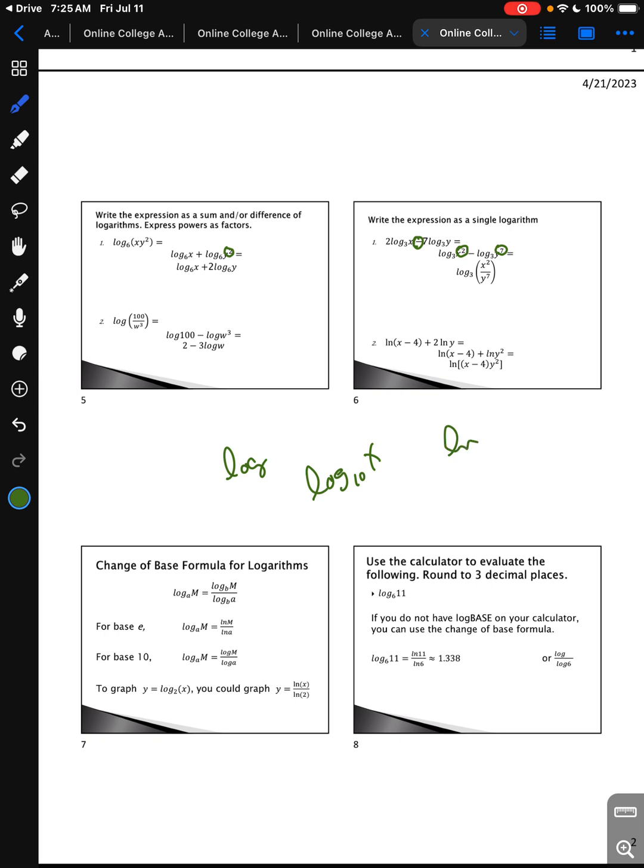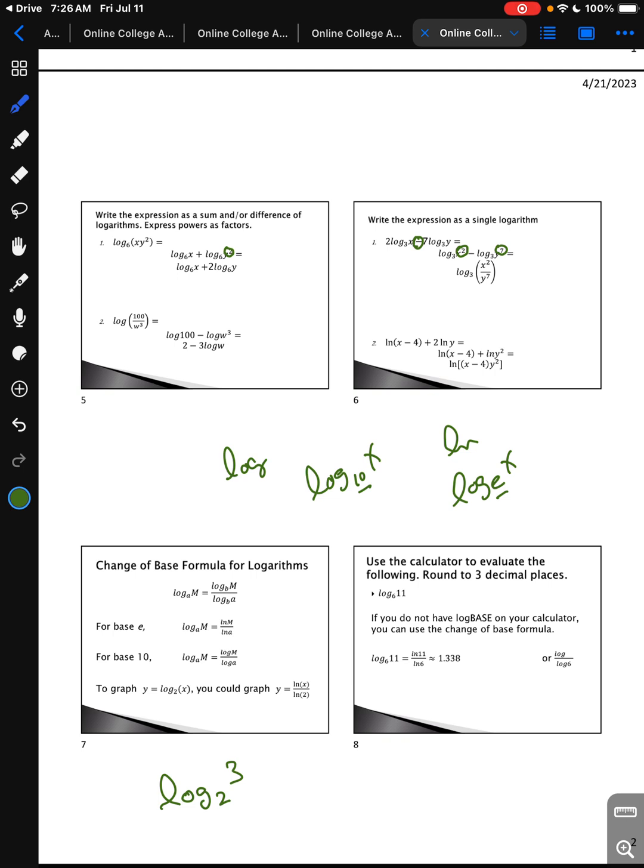And you have an ln button. That's the same as log base e of x. So your calculator will do base 10 and base e. But if you want to find something like log base 2 of 3, you have to use a change of base formula. And you can rewrite it like that.